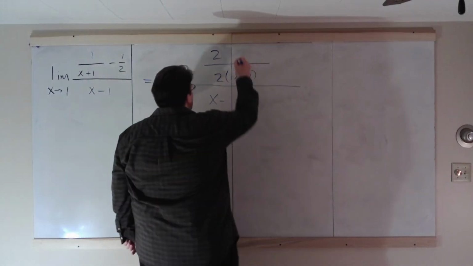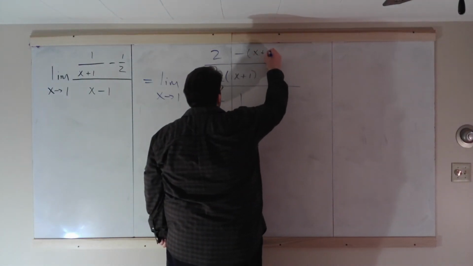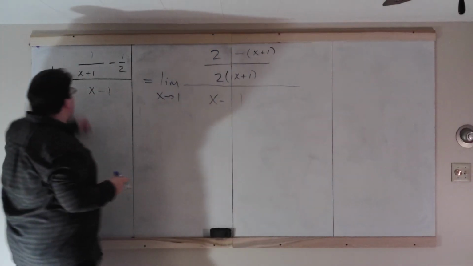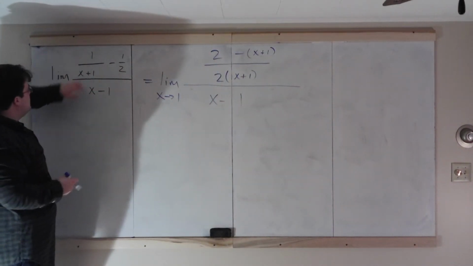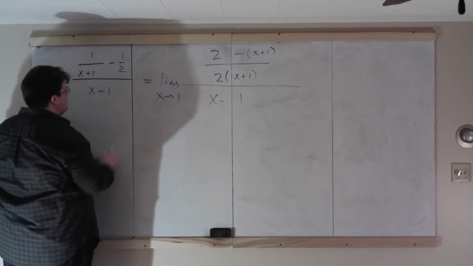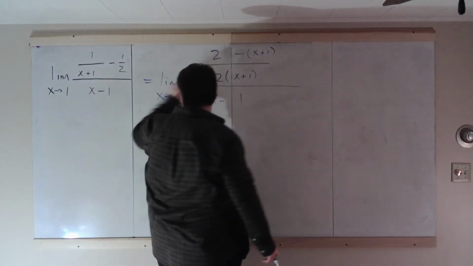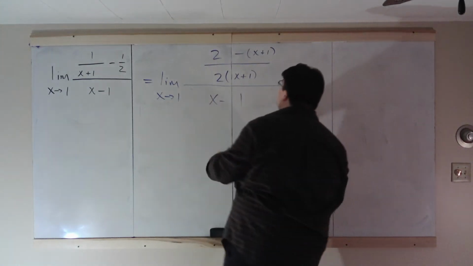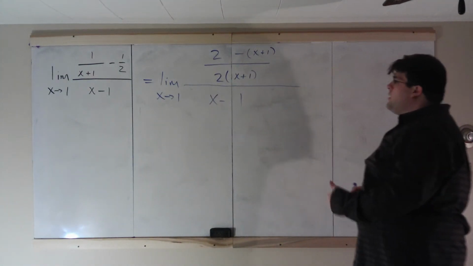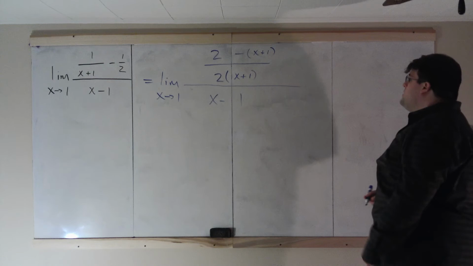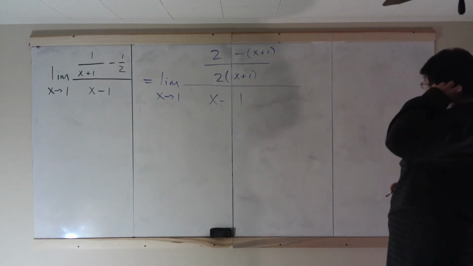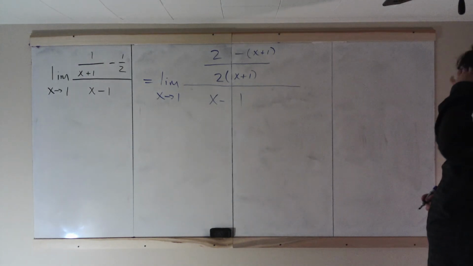So multiply by an x plus 1. So you get 2 over 2 times x plus 1 minus x plus 1 over 2 times x plus 1. Combine the fractions, you get 2 minus, don't forget the negative sign, all of x plus 1, all over 2 times x plus 1. And then that entire fraction is all over x minus 1.